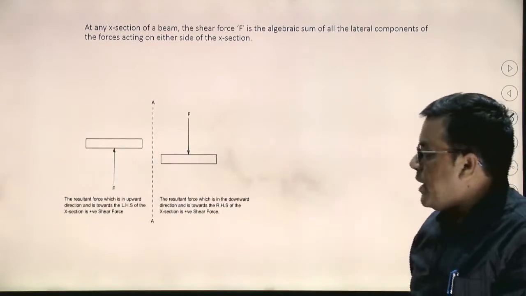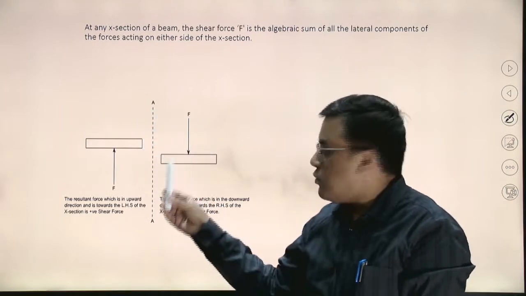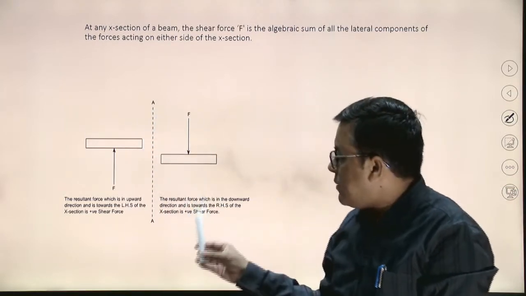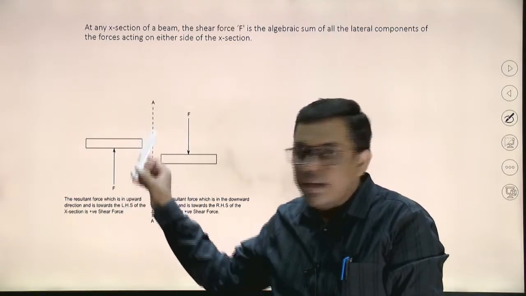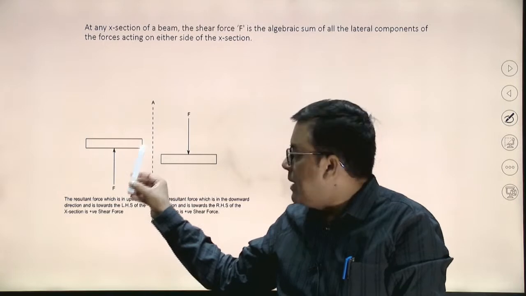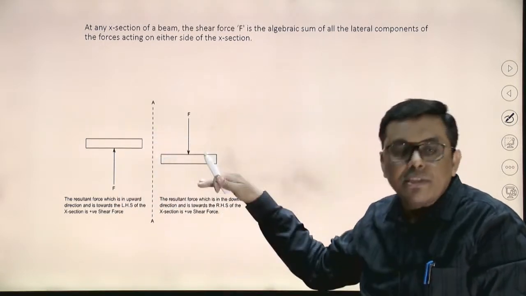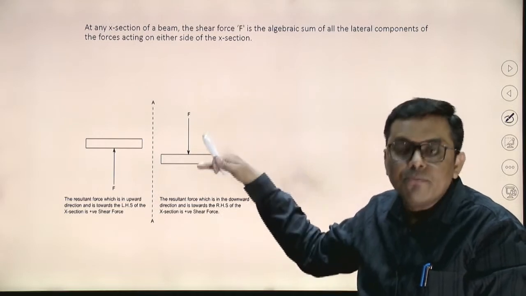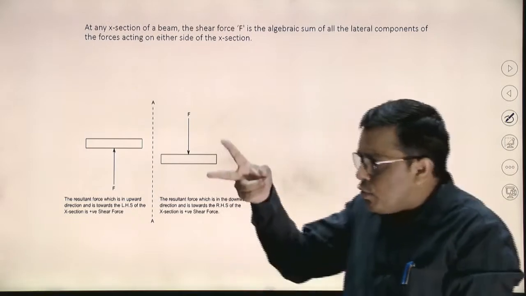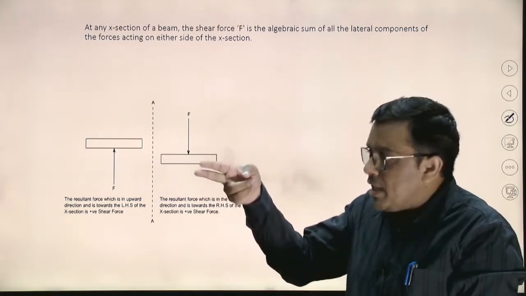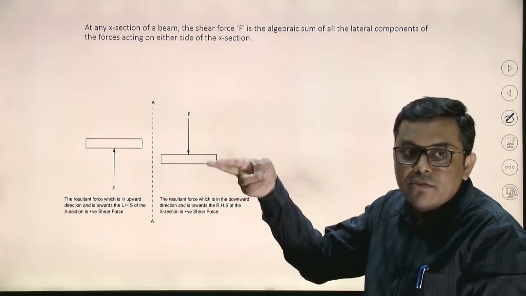How will these be treated? What will the sign convention be? If I am talking about force, then obviously we must have some sign convention. So if the resultant force on the left side of the section plane is upward, it will be considered as positive. Similarly, on the right side of the section plane, a downward force will be considered as positive. Simple thing, both will produce the same effect. Both together produce the effect, just like a scissor, one arm is going down, one is coming up.